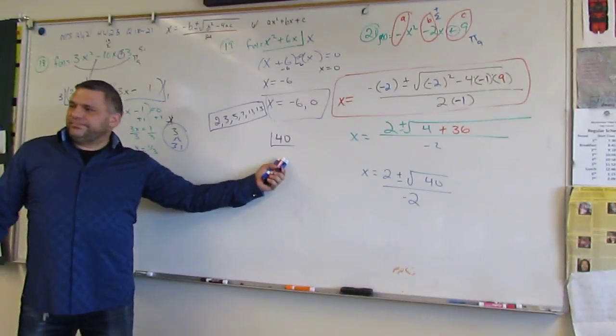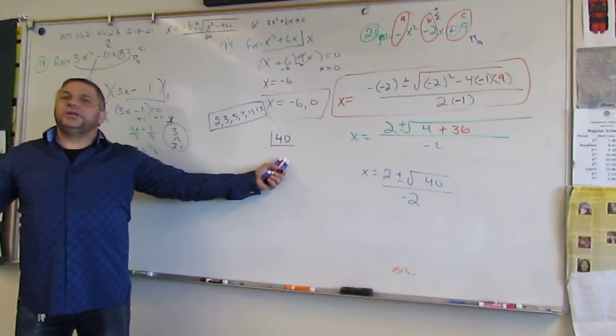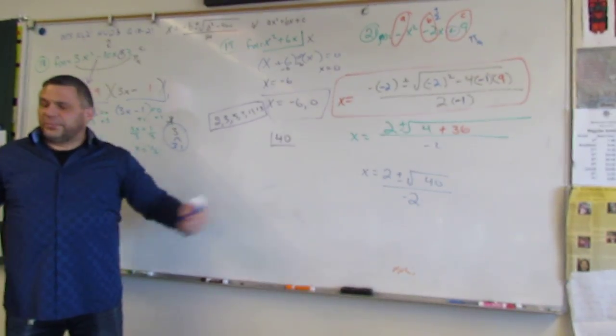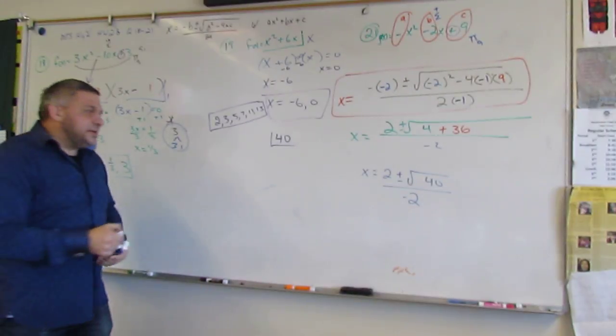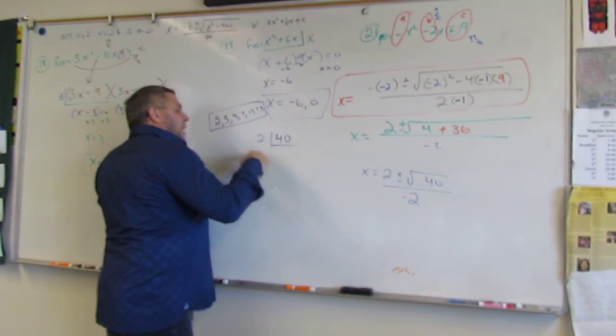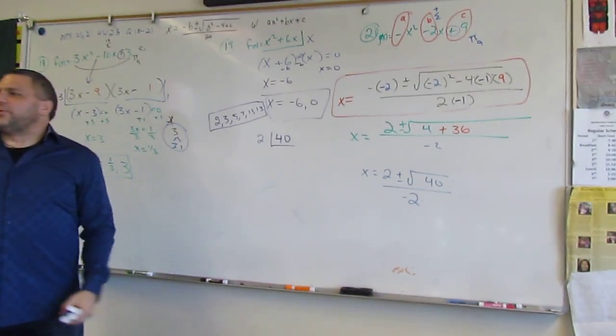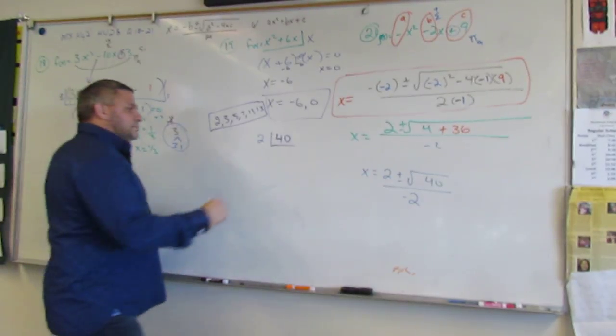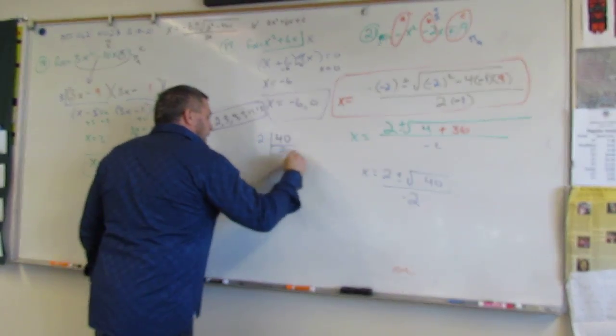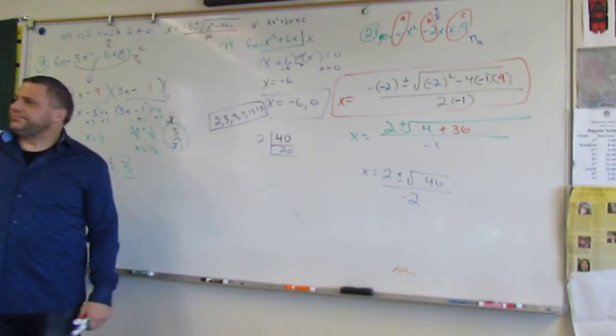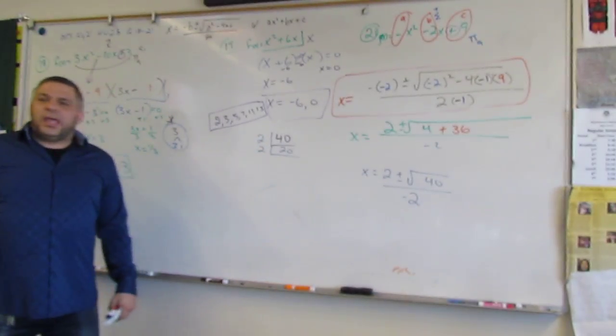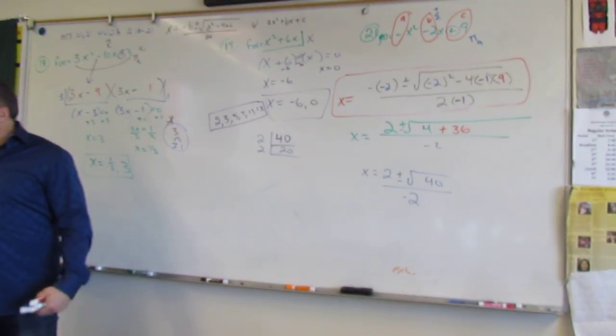Is it even? Yes. Then it's divisible by 2, right? Alright, so we're going to divide by 2. How many times does 2 go into 40? Is it even? Yes. Then we're going to divide by 2. How many times does 2 go into 20?